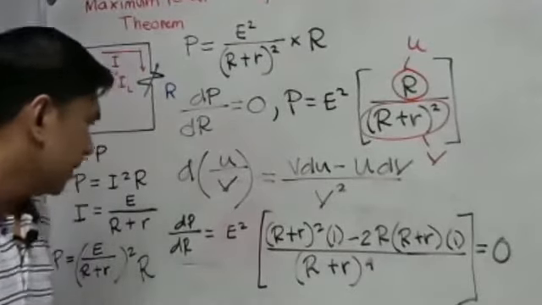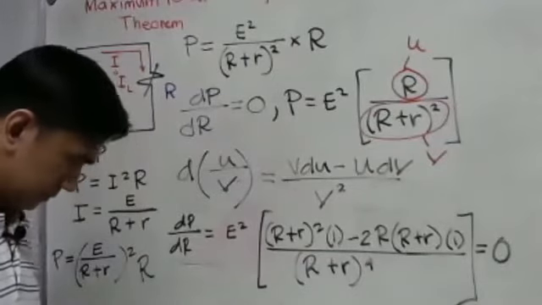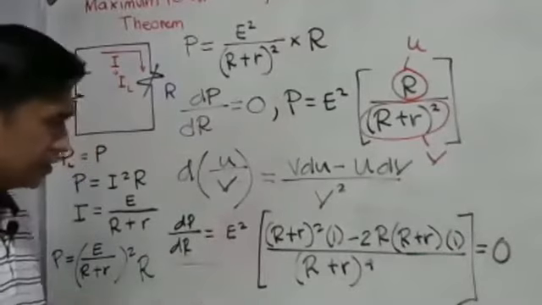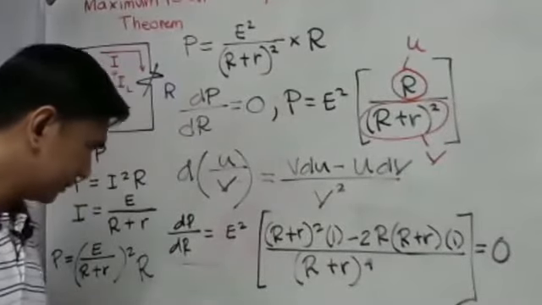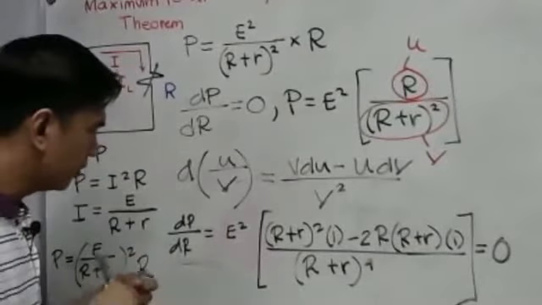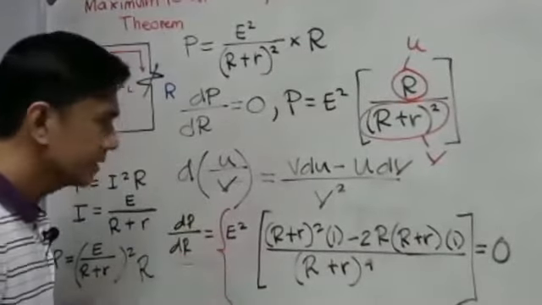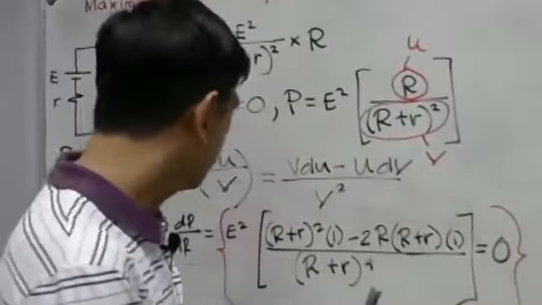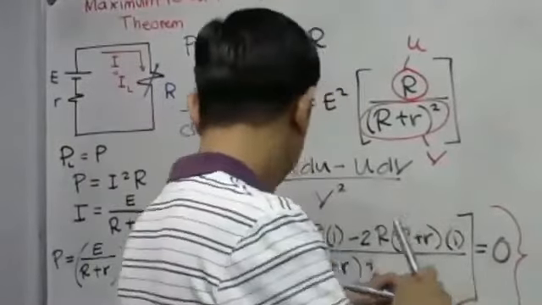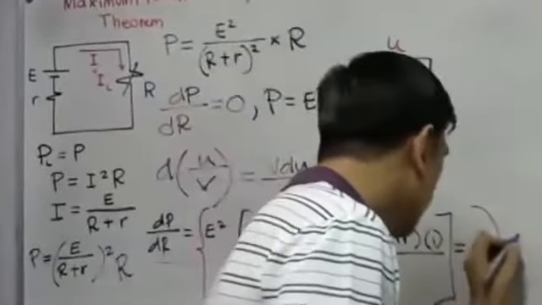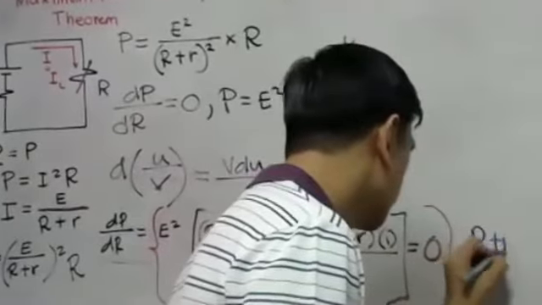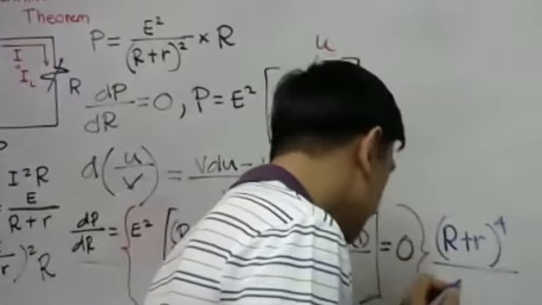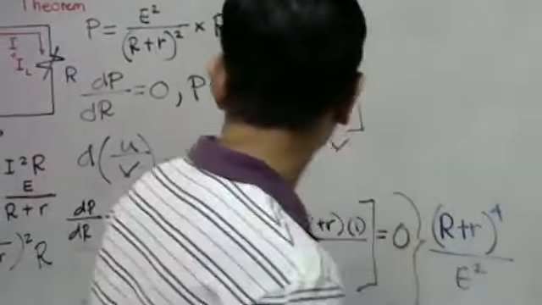Okay, so we have here our equation. Let us multiply both sides by, okay, let's use some algebra here, big R plus small r, raised to 4, then divided by E squared.